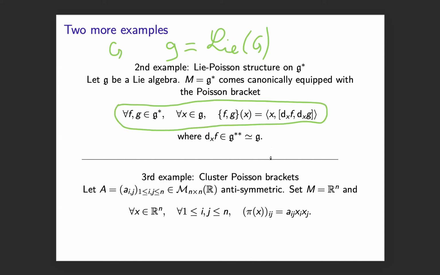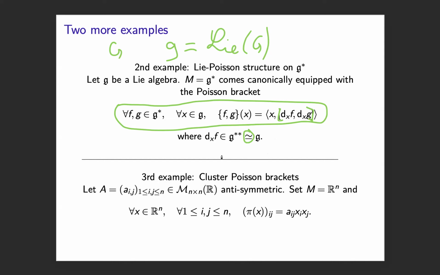So let us make two comments. So this bracket here is the bracket of the Lie algebra G. And we identified G star star with G. This is possible because we are finite dimensional. For infinite dimensional space, this isomorphism is not canonical anymore. So this is the first comment.